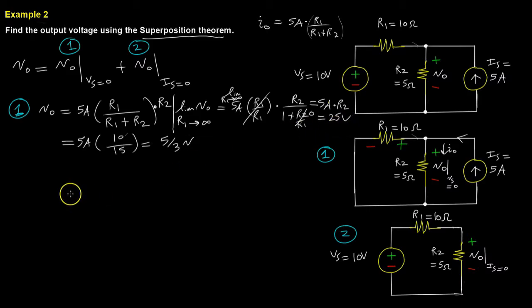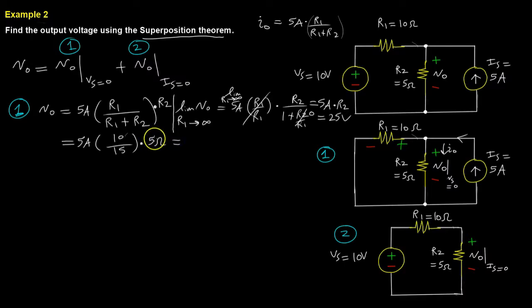This makes sense. But now it's getting divided down because R1 is a finite value, so some current's going to be stolen in the other direction. Not all the current's going to go through R2. So the 5 amps is going to get divided down by this factor of 1/3, but then it has to be multiplied by the 5 ohm resistor to become the output voltage.